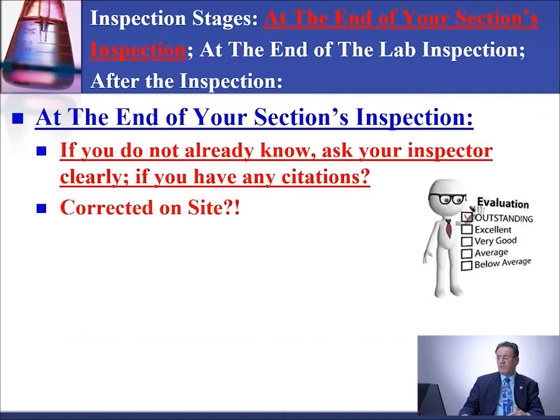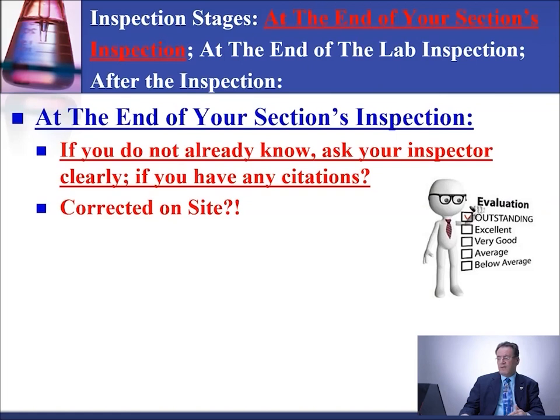If you do not already know, because usually the inspector will tell you, I'm gonna cite you for this, I'm not convinced with your answer, or you don't have an answer for this, I'm gonna cite you for that. So if you already know, you know what you're gonna be cited for.